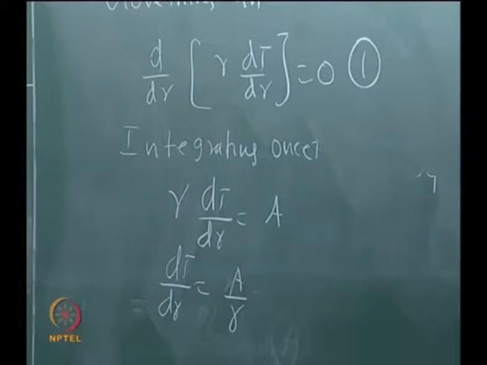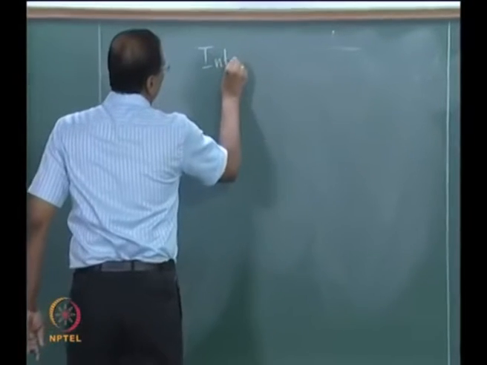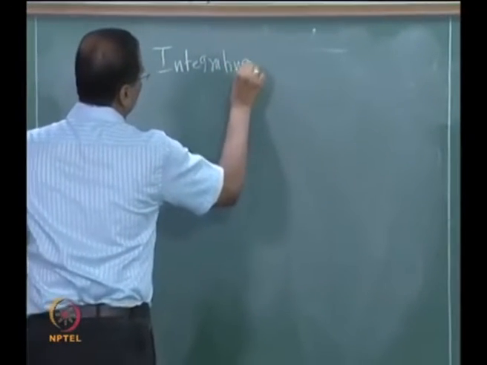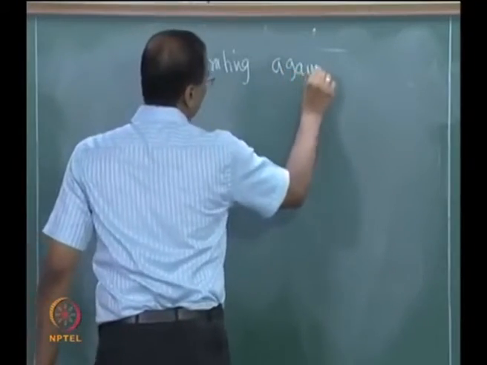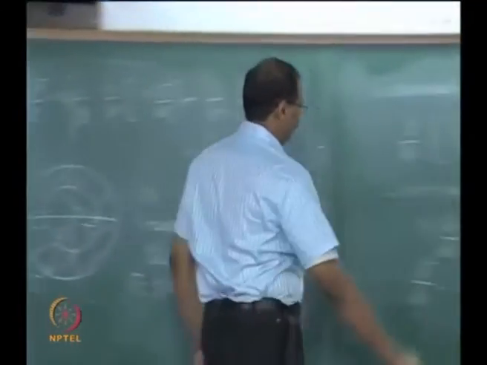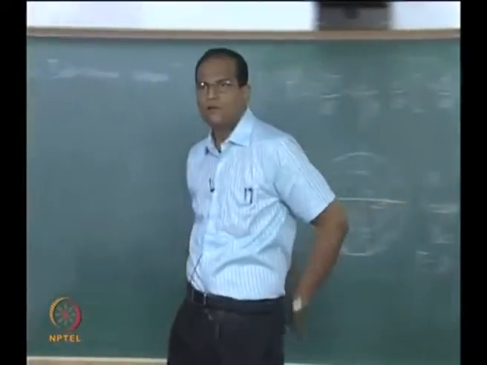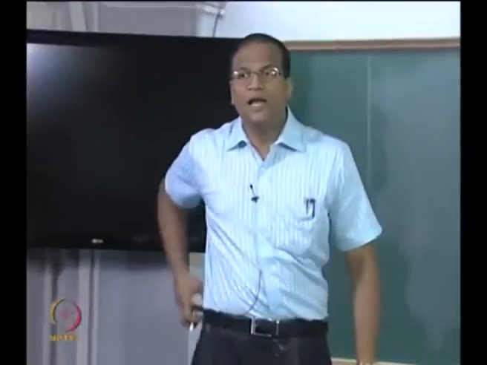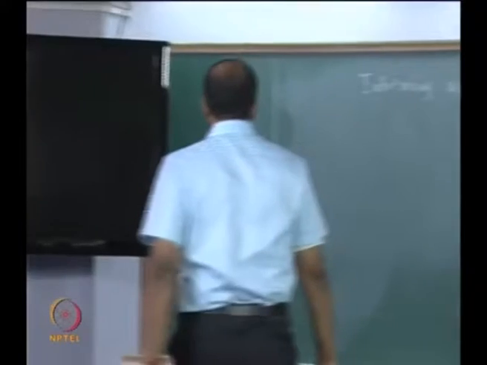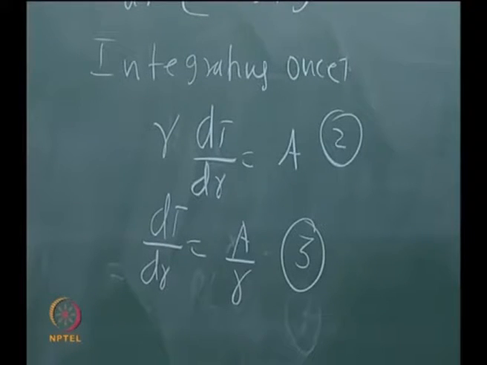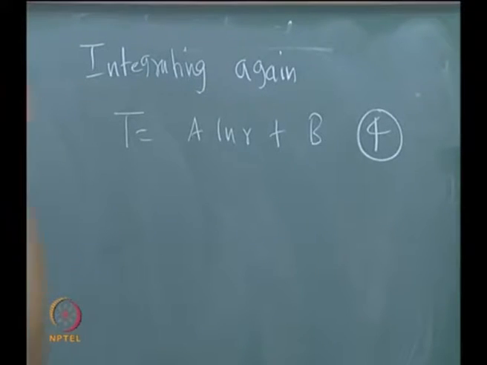Now integrating again, T equal to A ln r plus B, correct? Now substitute the two boundary conditions: at r equal to r1, T equal to T1, and at r equal to r2, T equal to T2, that is specified to us.